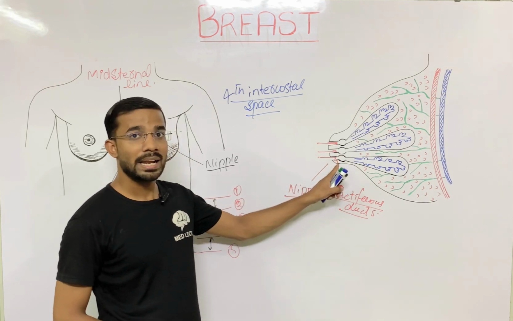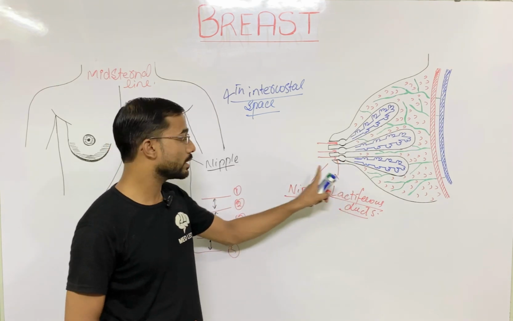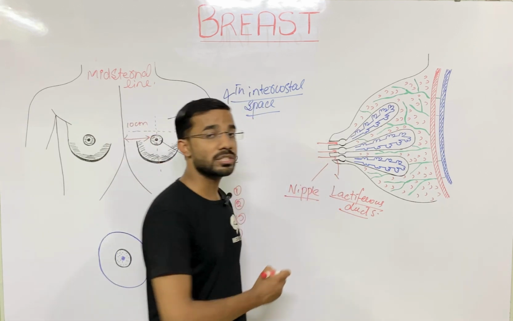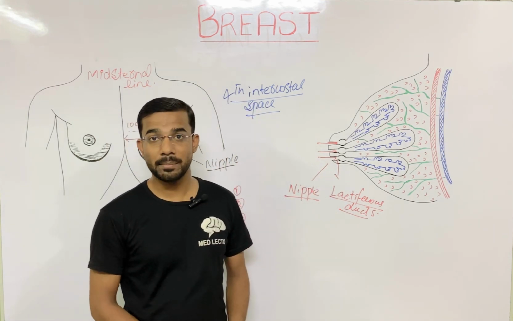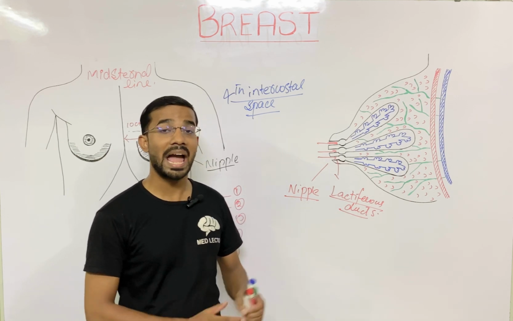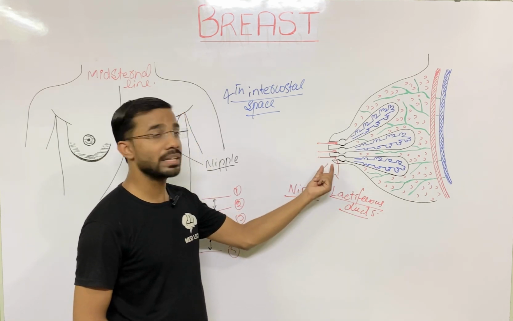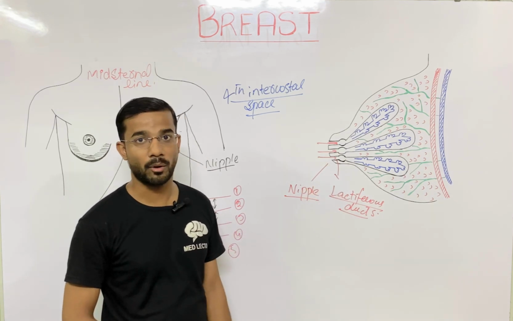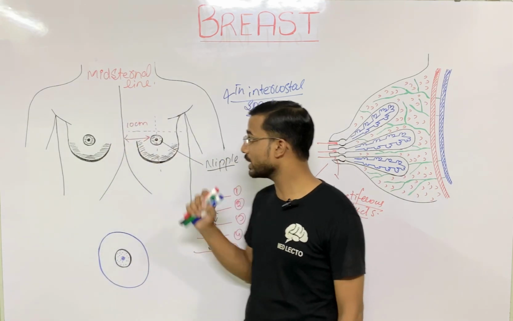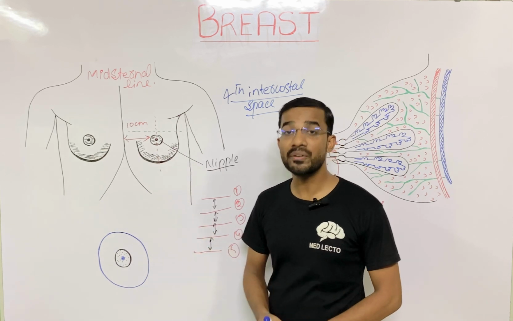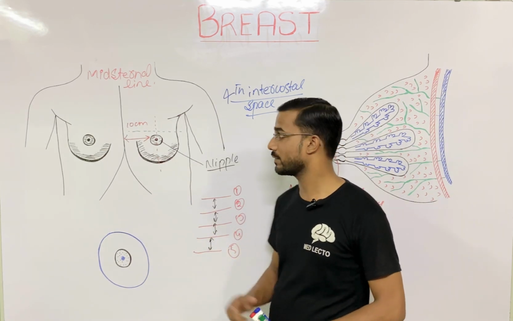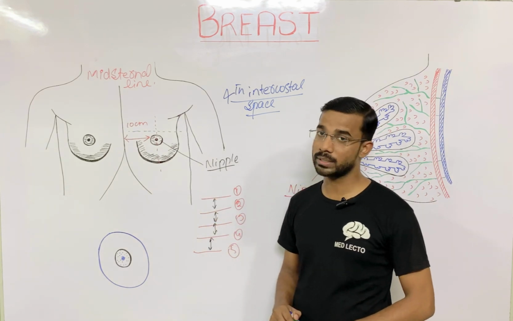So basically, lactiferous ducts pierce the nipple. Okay. And in the lactiferous ducts, you will see the longitudinal muscles and the circular muscles that actually stiffen the nipple of the breast. That is the important thing which you have to remember about the nipple. Okay. An important thing, the nipple has nerve supply. So it is the sensitive part of the breast. Okay. That is the important thing which you have to remember about the nipple.